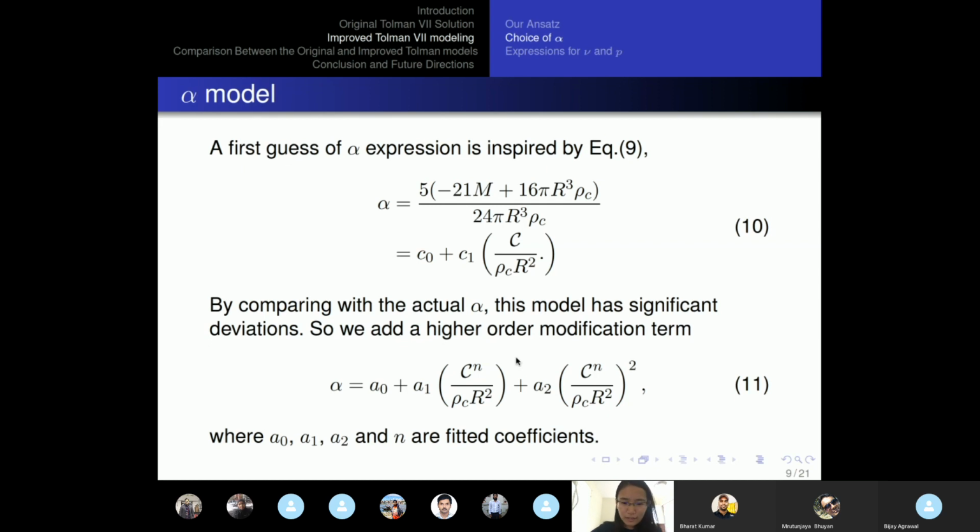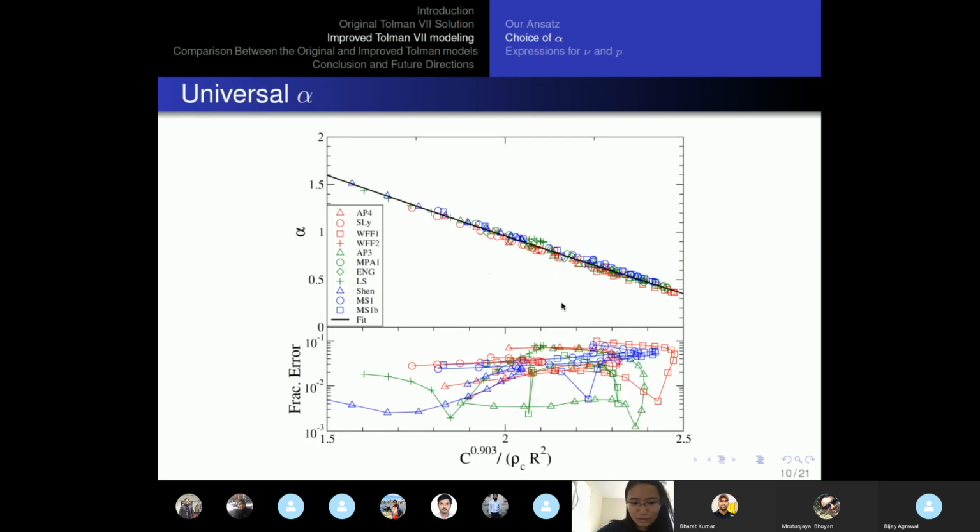So we just add higher order terms, like this square term, and we also make the power of the compactness something of our choosing. So we found a particular relationship, which is this.